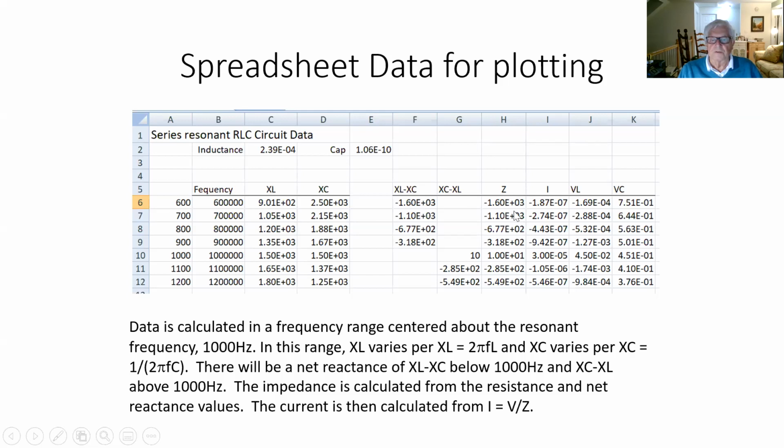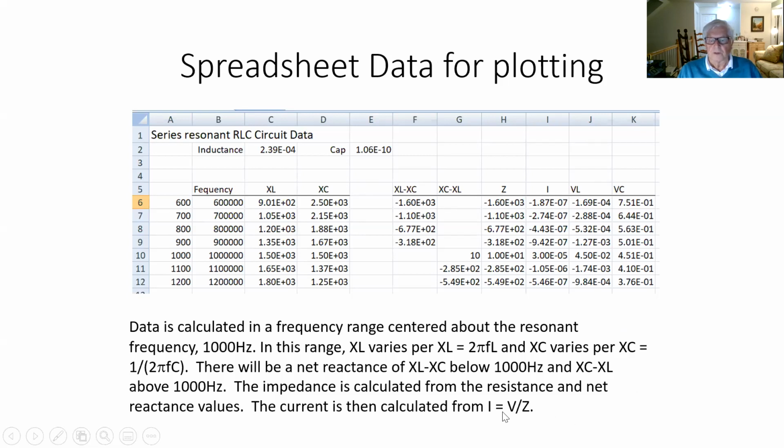From Z, we know the applied voltage and get a current, and knowing the current, we can get the voltage across the inductor and across the capacitor.